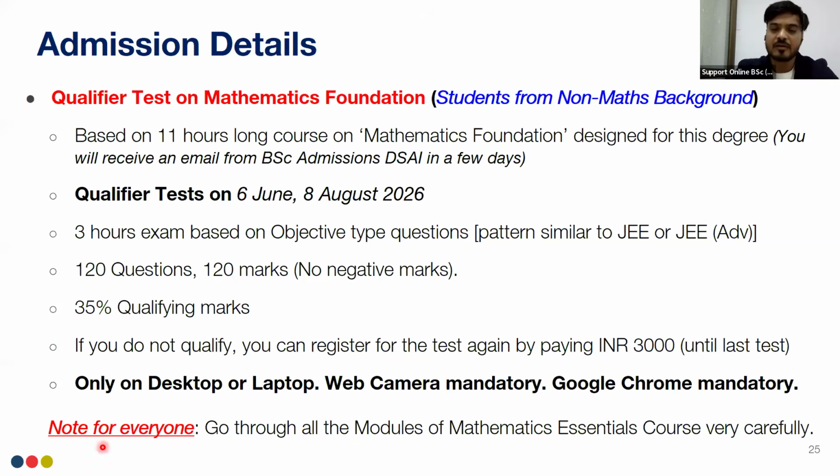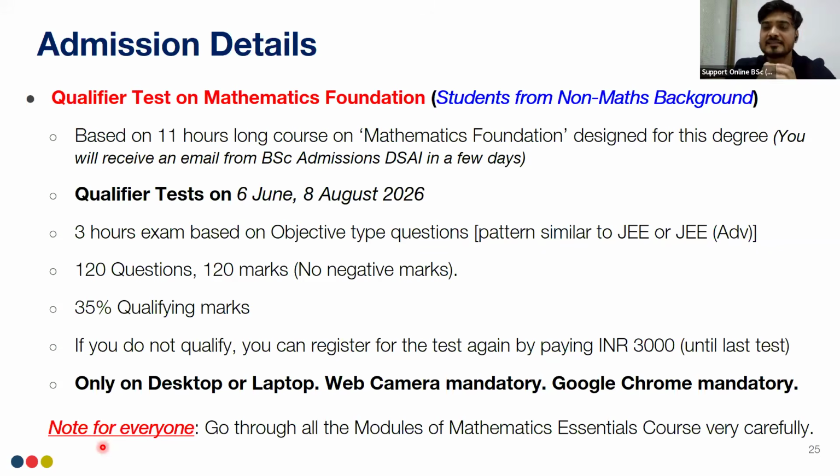So note for everyone, even for non-maths background as well as for maths background students, go through the modules of mathematics essential very carefully. You might be seeing 6 modules in total, where the first module is the explanation of what the course looks like and who your instructors are, and in the second, third, fourth, and fifth modules you will be seeing the different mathematics courses: sets, algebra, statistics, probability.